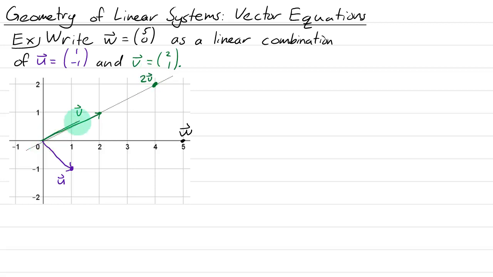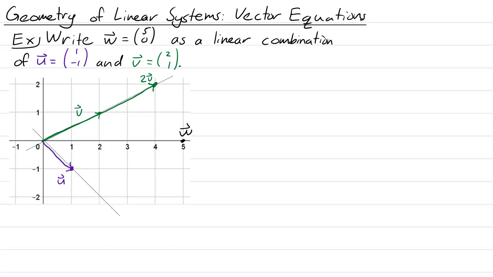You just get a longer version of that, like so. And we want to do something times v like that, and then add that to something times u. So we could also do any scalar multiple of u, which would give you something sort of like that.